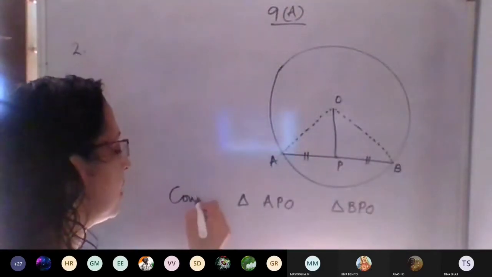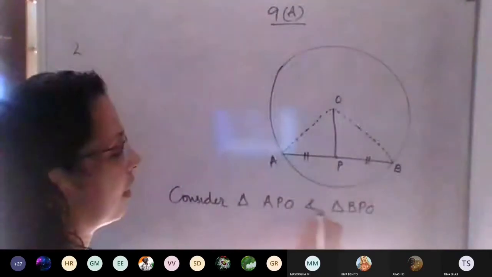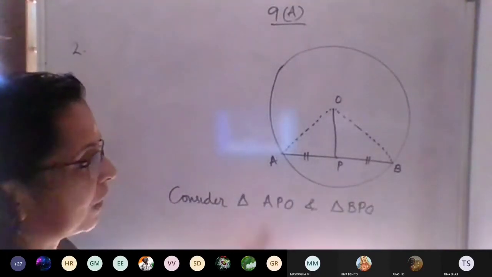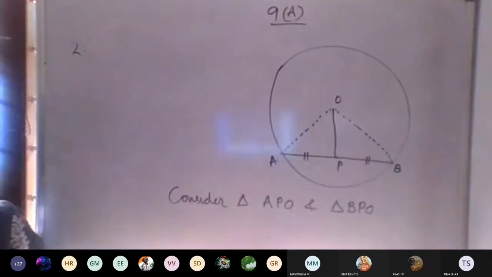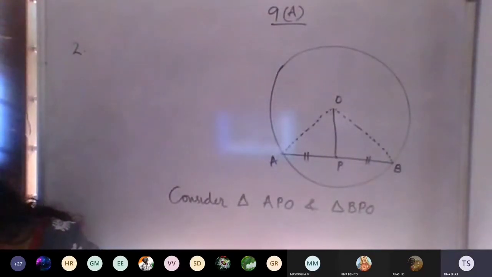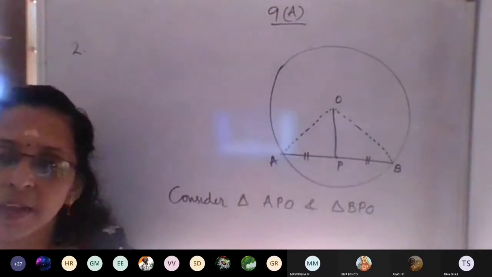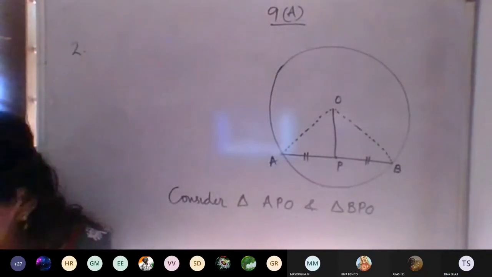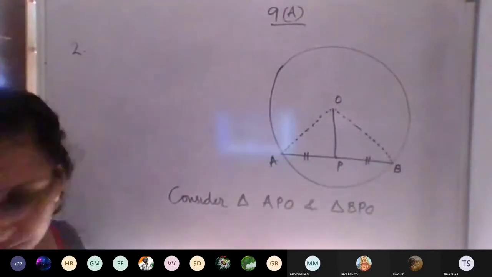Consider triangle APO and triangle BPO. Given what? Already we studied in 7th, starting with given things.